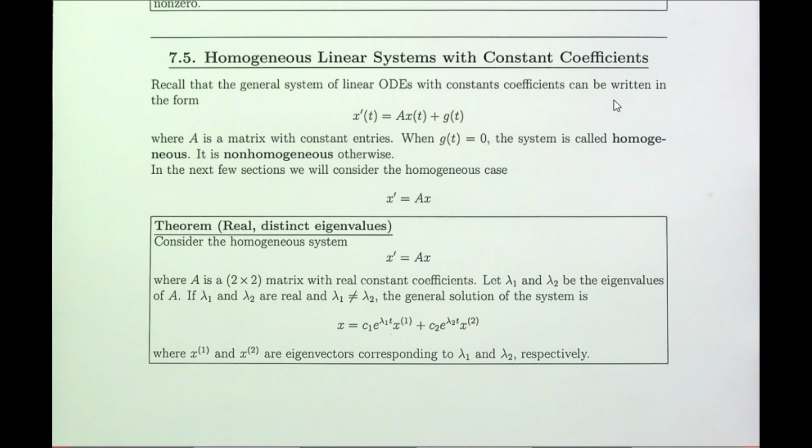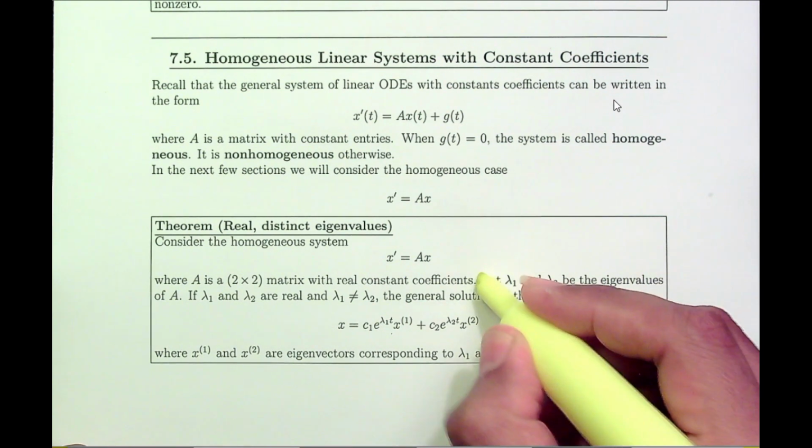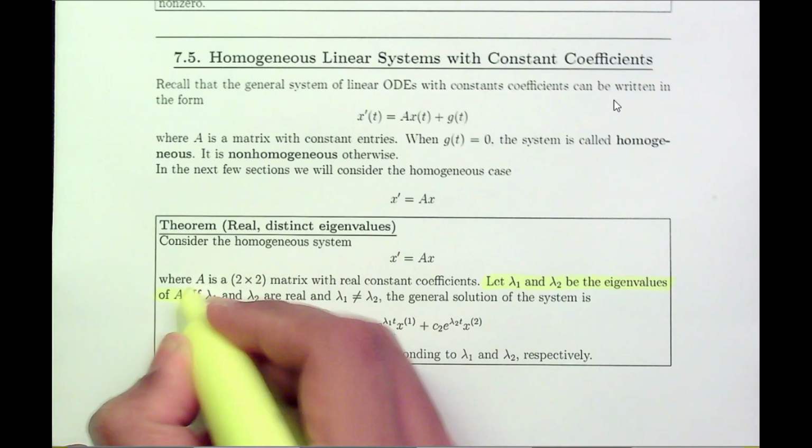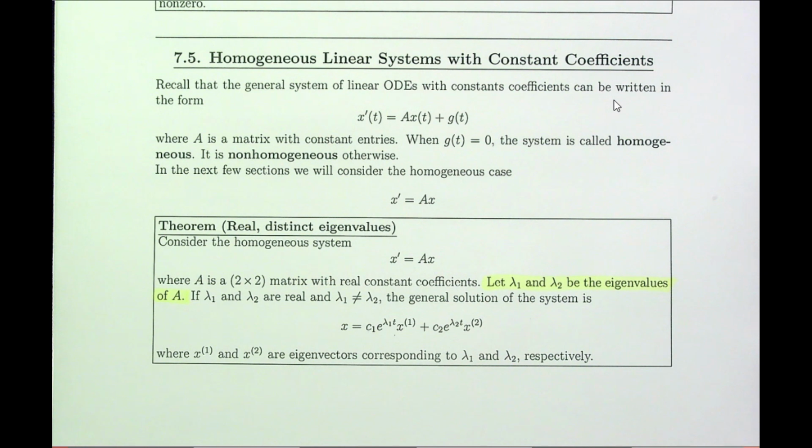We're going to find the eigenvalues of A. And just like in the single case, when we were solving differential equations that were linear with constant coefficients, the analogous step was finding the roots of the characteristic equation.